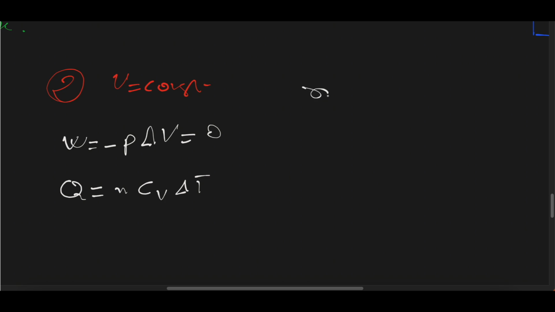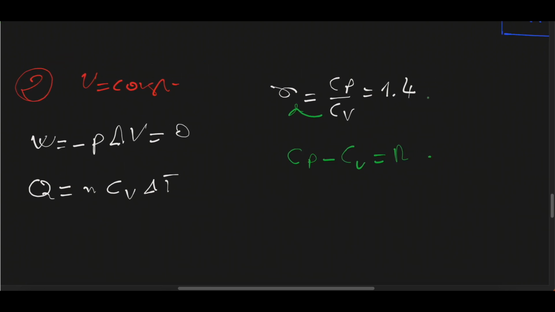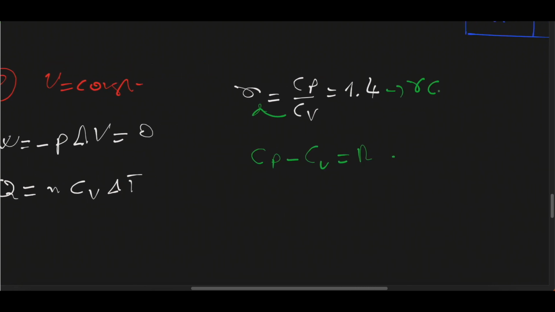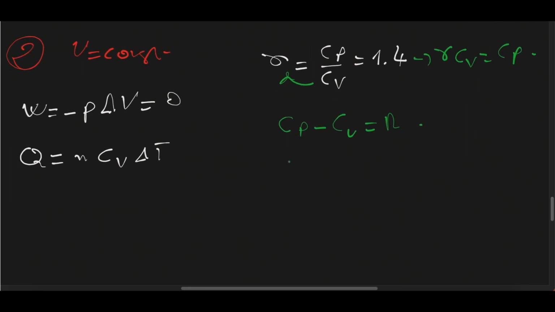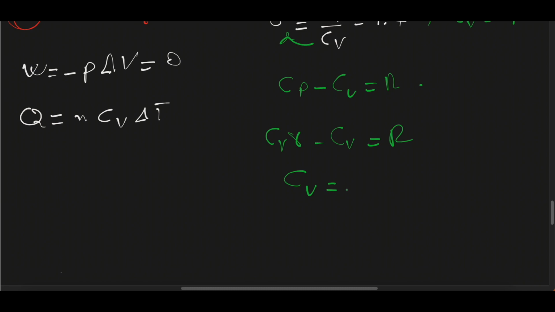We know that gamma is equal to Cp over C sub V, which is equal to 1.4. And we have a second relationship, which says that Cp minus C sub V is equal to R. So we'll replace the value of Cp from this relation. Here we have gamma C sub V is equal to Cp. So we can replace: gamma C sub V minus C sub V is equal to R, and C sub V is equal to R over gamma minus 1.